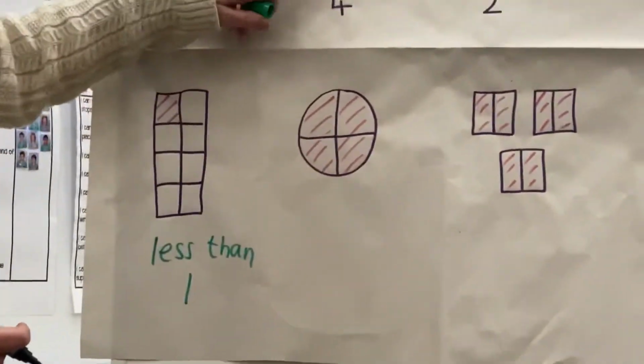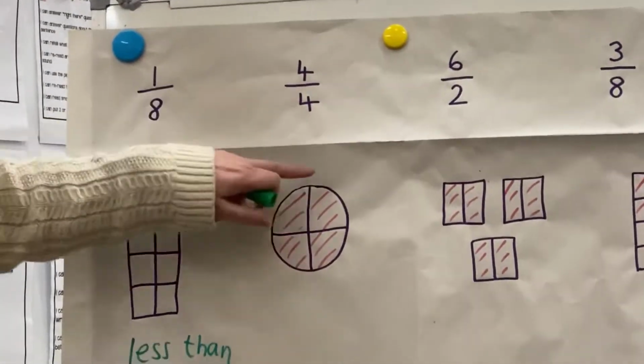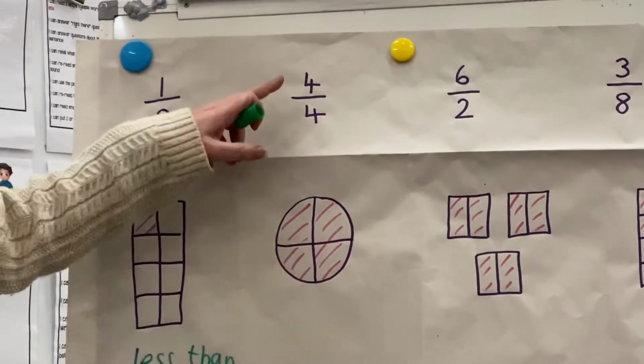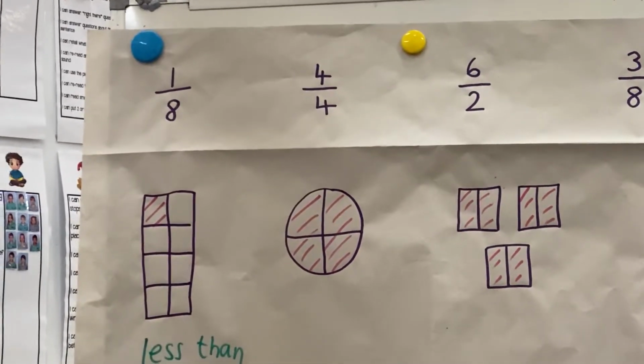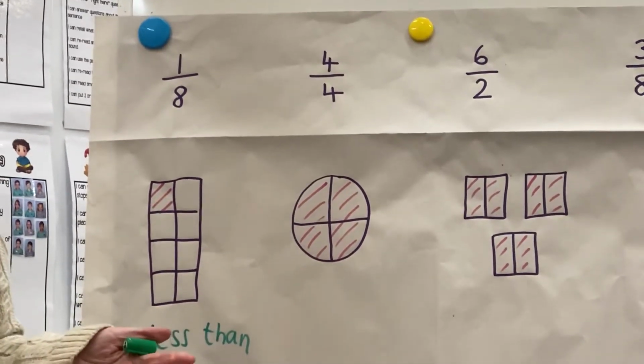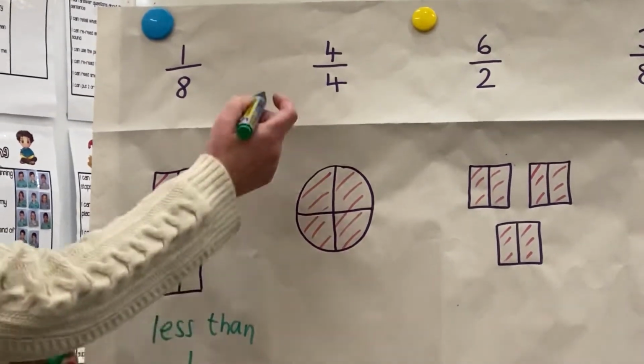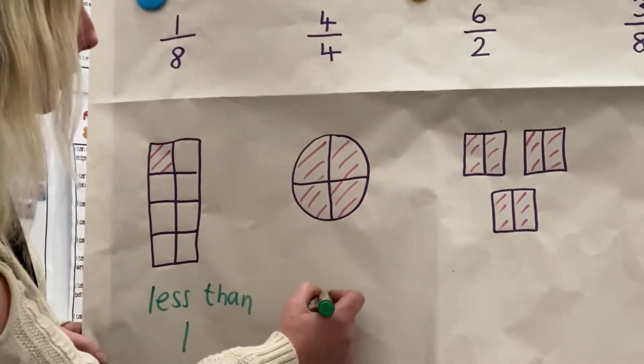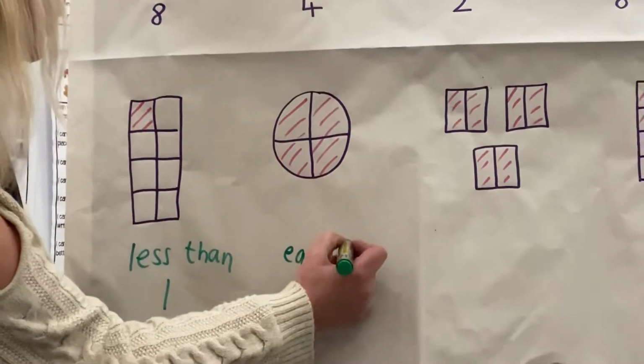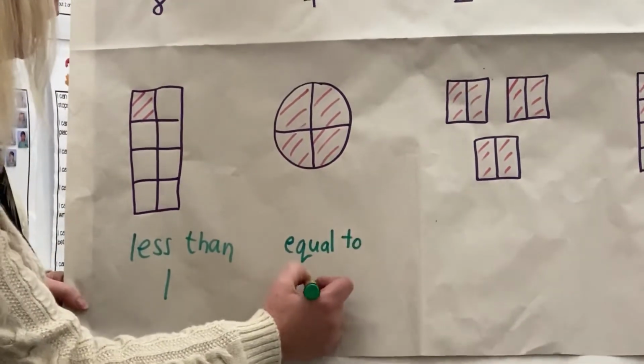This fraction here, 4 quarters, the shape is split into quarters and 4 quarters are coloured in. Is all the whole shape coloured in? Yes. So 4 quarters is equal to 1. That means it's the same as one whole thing.